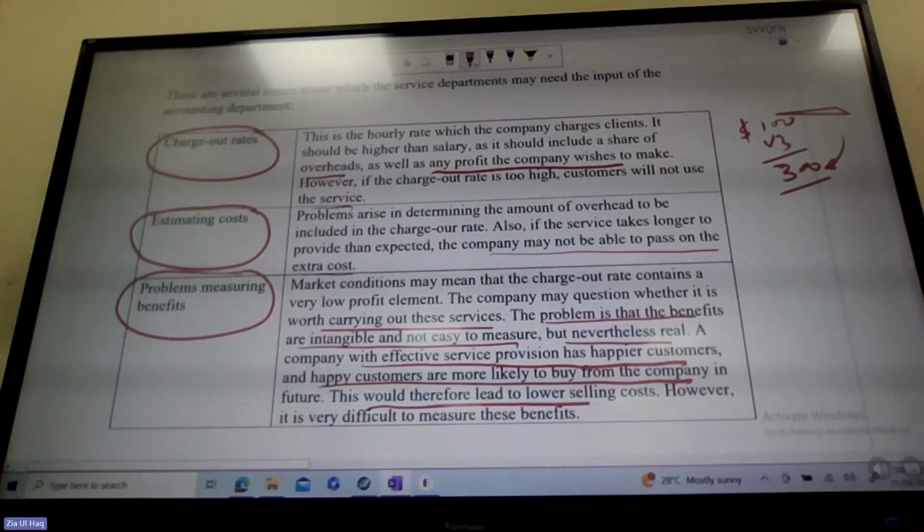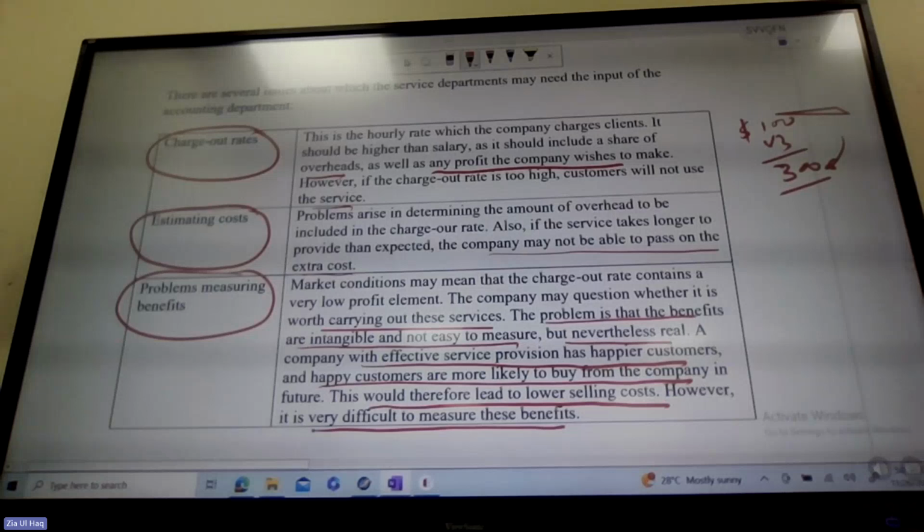This would lead to lower selling costs. It is very difficult to measure these benefits, but they could be estimated, not exact, through communication between the service provider and accounting department.